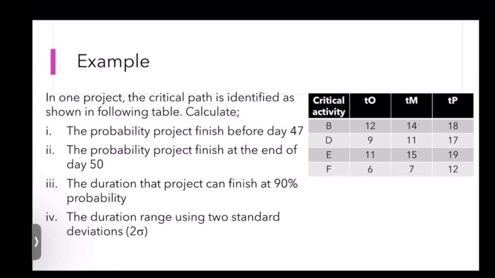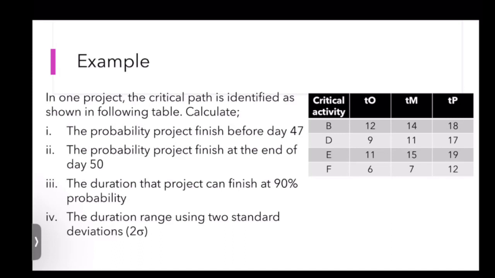Here I give some examples for calculation using PERT. In this project, the critical path is identified as shown in the following table. We have to calculate, first, the probability that the project could finish before day 47.